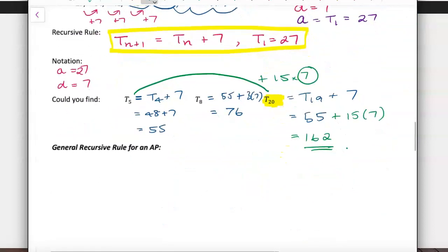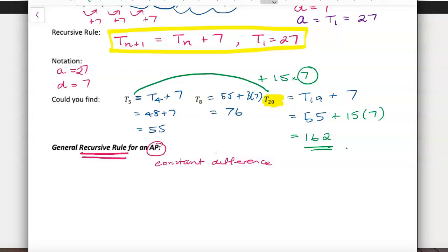So in summarising, for an arithmetic progression, knowing that we have a constant difference between the terms, we can generalize that recursive rule, that recurring nature. It says, okay, if we want to find the next term, tn plus 1, we must know the previous term, tn, where we're going to add on this constant difference.